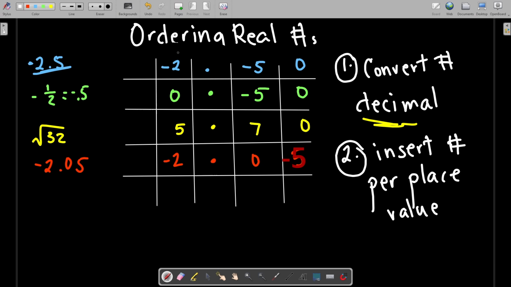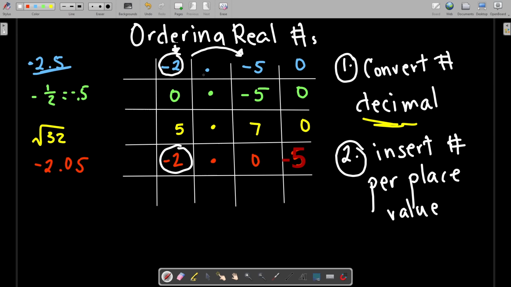First, let's look at the ones place between negative 2, 0, 5, and negative 2. Which is the least value between negative 2, 0, 5, negative 2? Answer is negative 2. How many negative 2's do you have? You have 2 negative 2's. Now let's move on to the next place value.